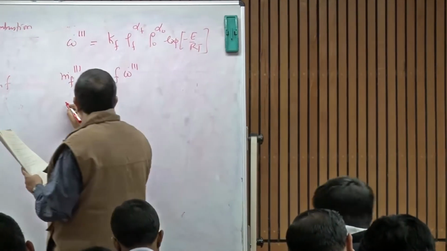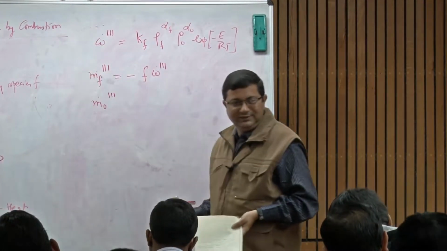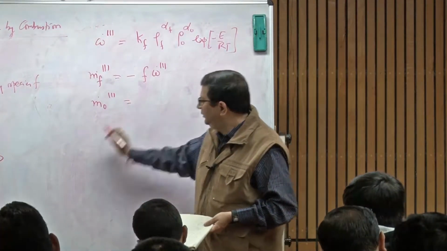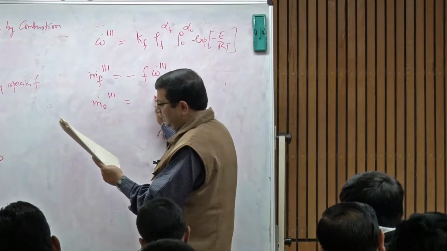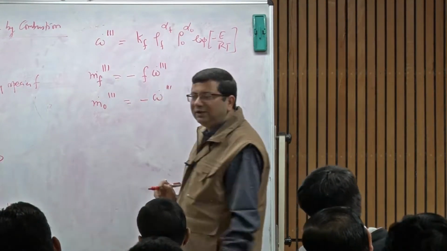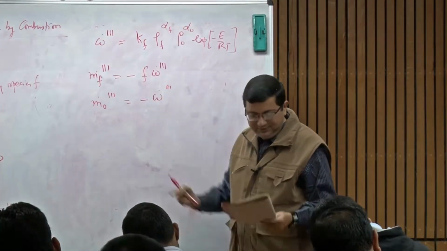Similarly, we had 1 gram of oxidizer, so the rate of change of concentration or mass of oxidizer is 1 times the reaction rate. Oxidizer also gets consumed. So, fuel and oxidizer getting consumed, that is why you have the negative sign.